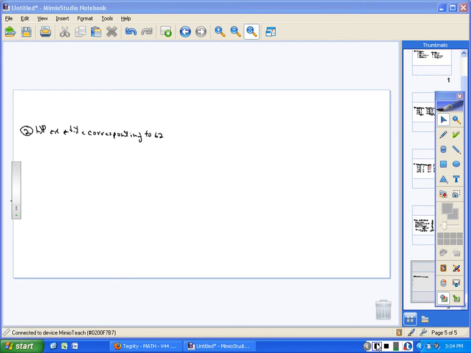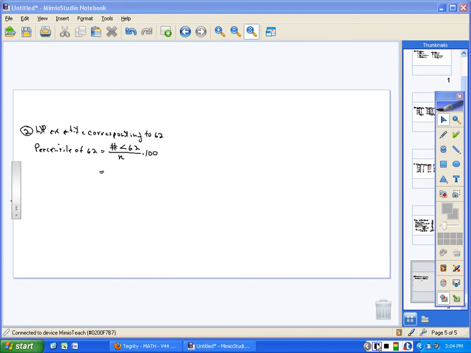Basically it says that the percentile of 62 is equal to the number of values less than 62 divided by n, times 100. When we found the median a little while ago, we put the data in order.